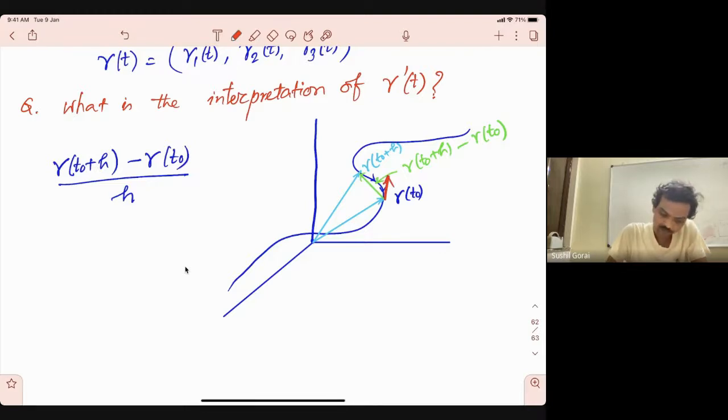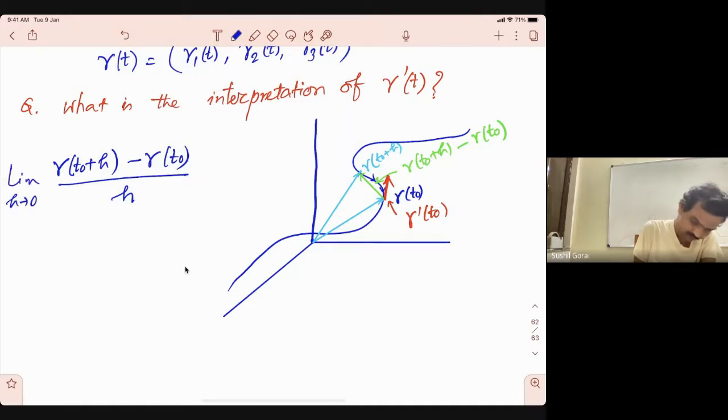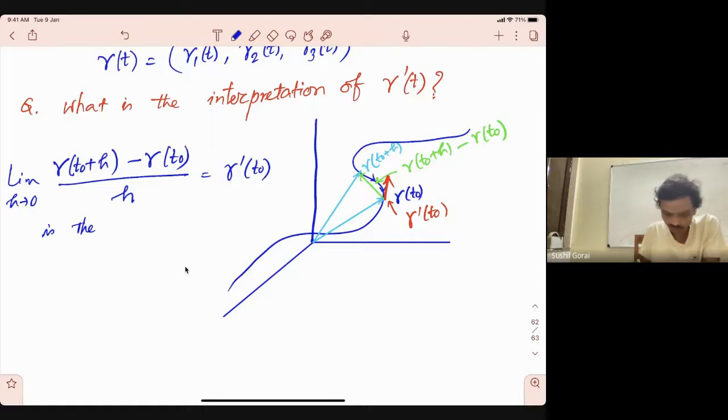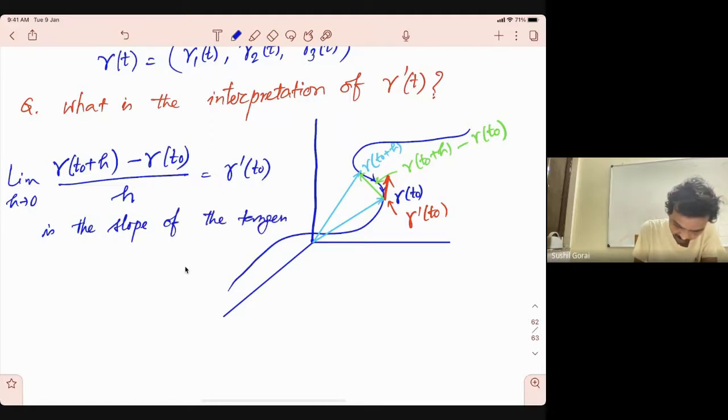So this is the vector gamma prime t naught. The limit as h tends to 0, which is gamma prime t naught, is the slope of the tangent of the curve gamma t at t equal to t naught.